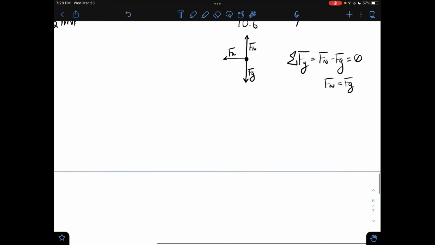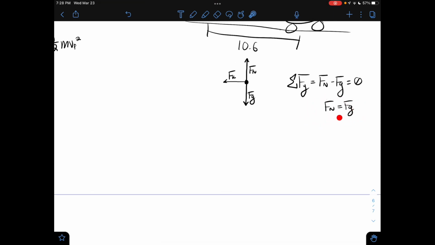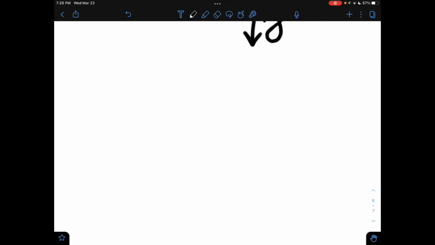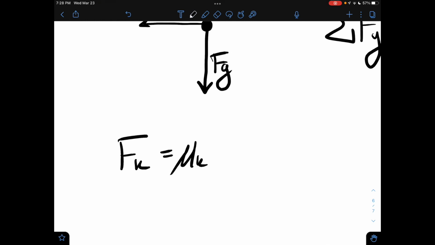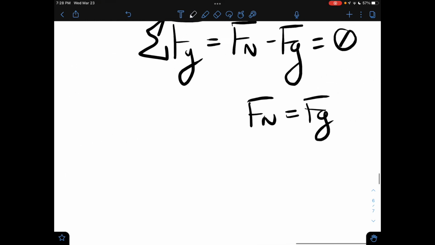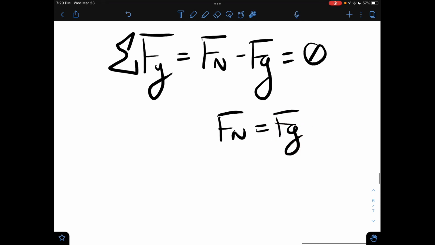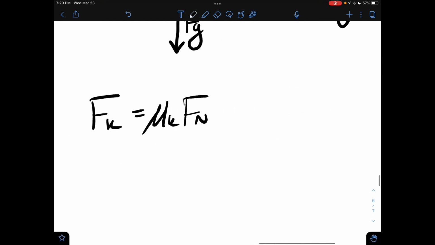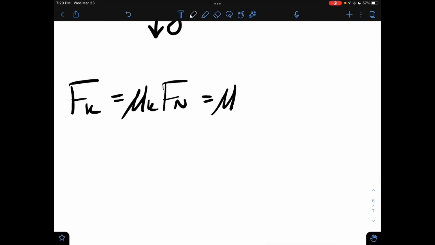We just do a quick force balance to get our normal force, and then from there we have our mu and our normal force to give us our friction force. So our force from friction is mu k Fn, which, since the normal force is equal to the force from gravity, which is just mg, is going to be mu k mg.